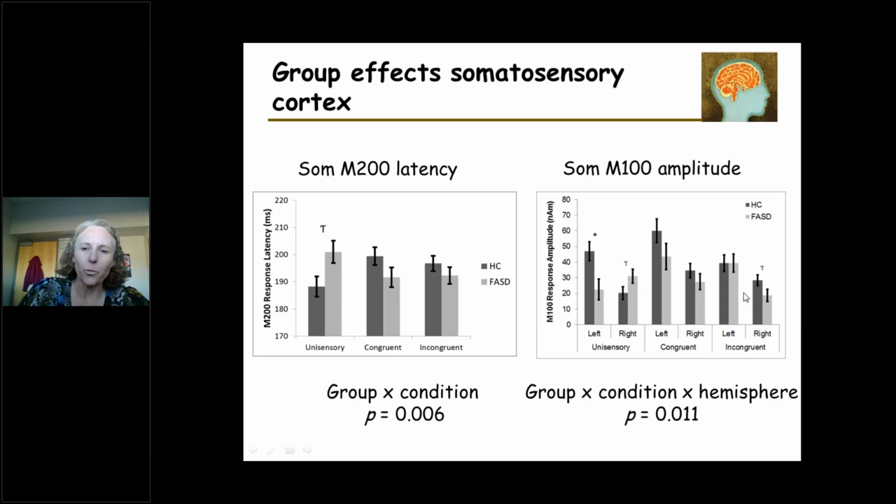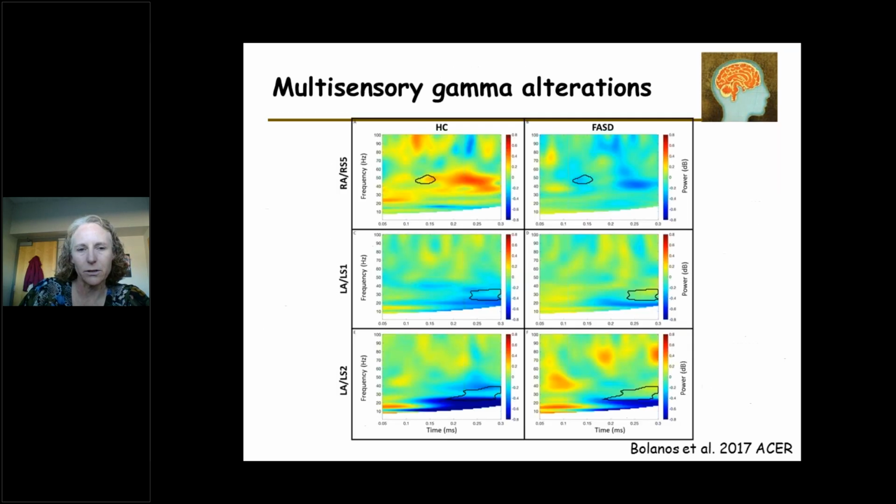And once you get to the multisensory conditions, then these differences went away. Although in this case, it also is a trend for a decreased amplitude. So in general, across this particular study, what we found is that it seems that really multisensory stimuli seem to help individuals with FASD rather than having additional delays.